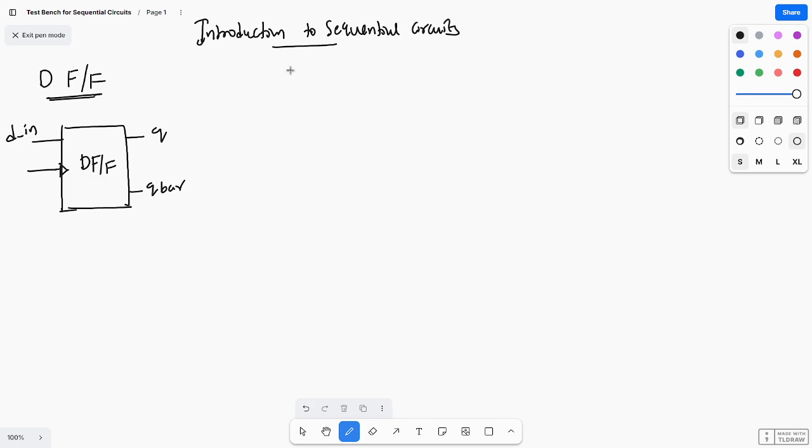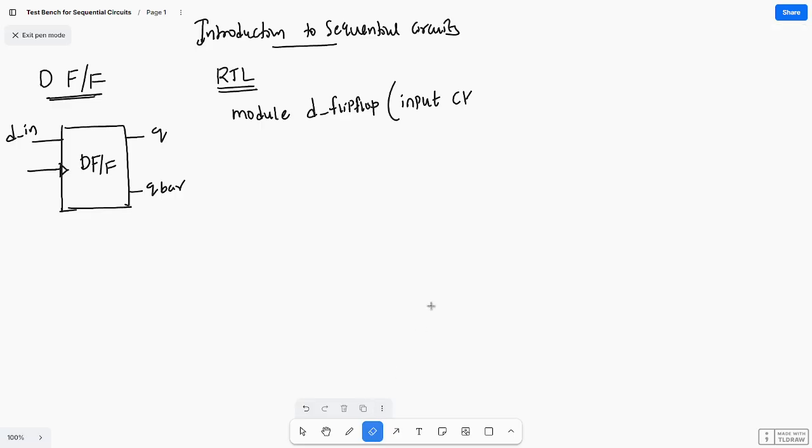So how to write the code for this D flip flop? I'm writing the RTL code. First, module. My module name is D underscore flip flop, and next, input clock.